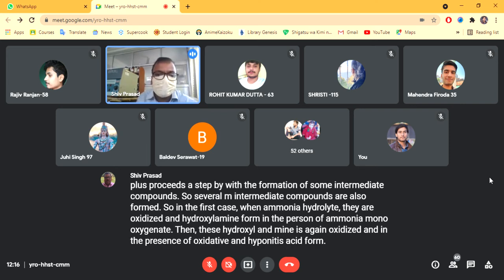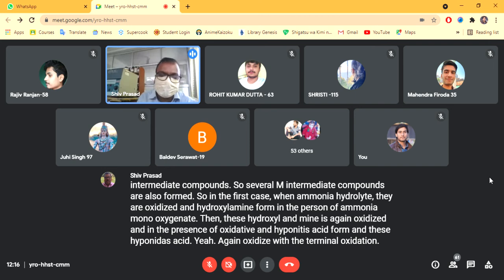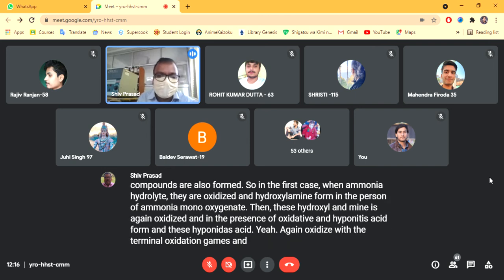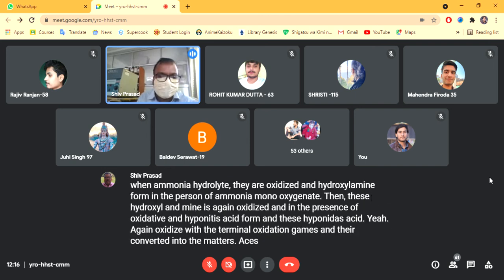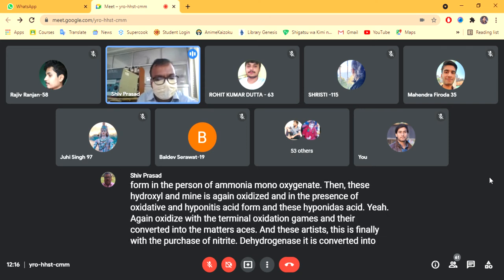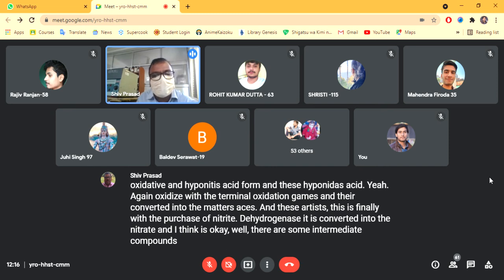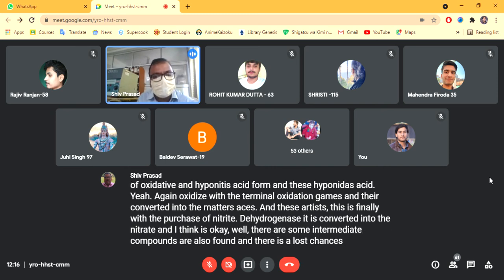This hyponitrous acid is again oxidized by terminal oxidase enzymes and converted into nitrous acid. Finally, nitrous acid is converted into nitrate, nitric acid, in the presence of nitrite dehydrogenase. So there are intermediate compounds formed, and there is a chance of loss of nitrogen also.